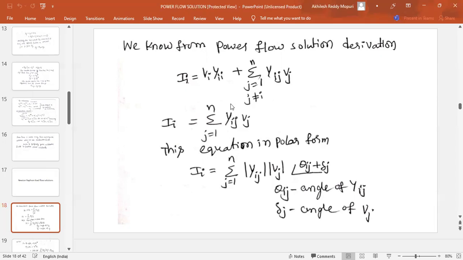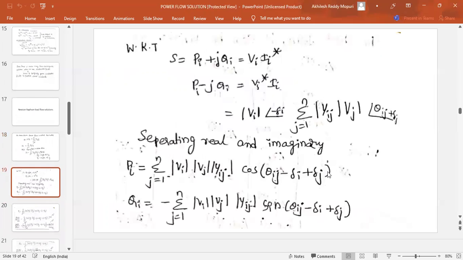Vj is equal to modulus of Vj at an angle del j. When two angles are multiplied, they will be added. So Ii is equal to summation j equal to 1 to N, Yij Vj at an angle of theta ij plus del j.